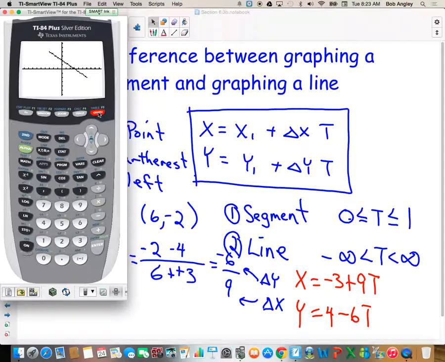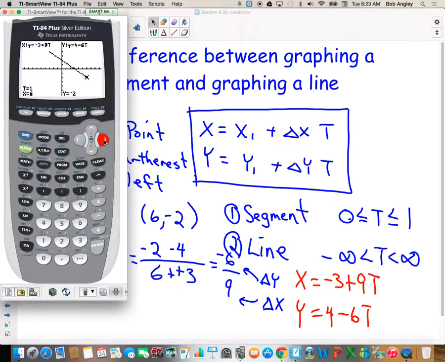The reason for putting on trace is it shows you a bunch of stuff that's good. Do you see that when t is 0, I am getting that leftmost point? Now I'm just going to toggle to the right so you can see what's going on here. When t is 1, we get the other endpoint, which was 6, negative 2. And so that's how I came up with this interval right here.